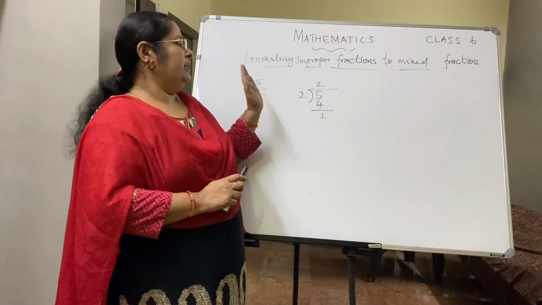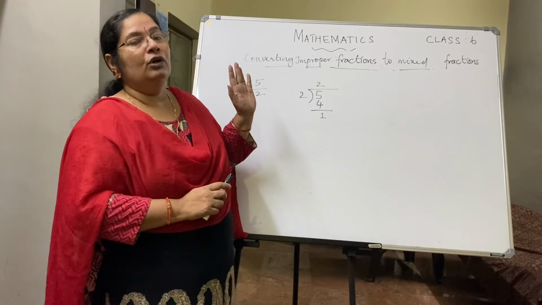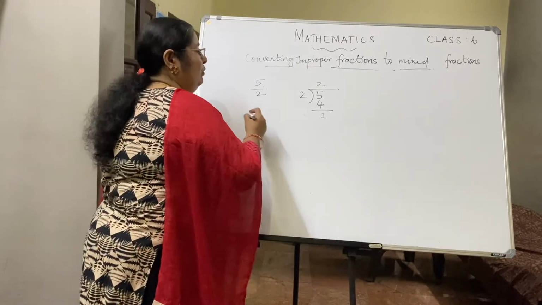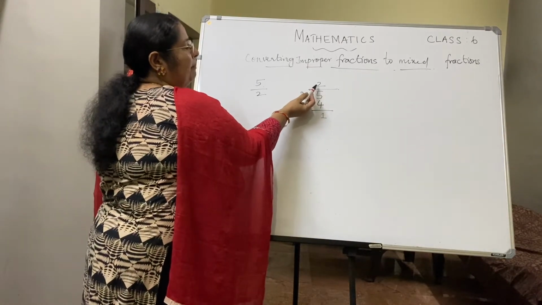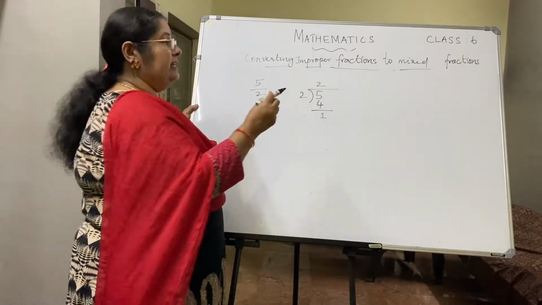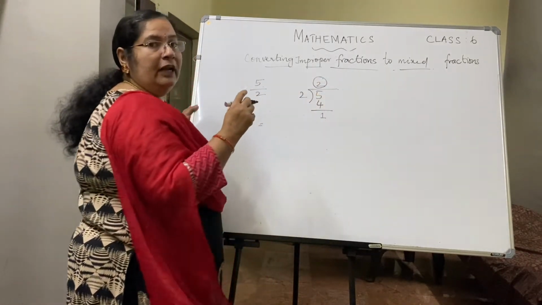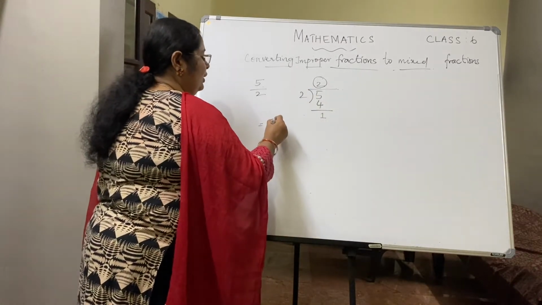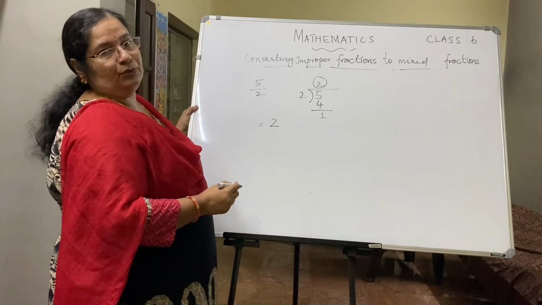Now once you stop the division, how to write it as a mixed fraction? The whole number part will be the quotient. Here the quotient is 2, so the whole number part is 2.